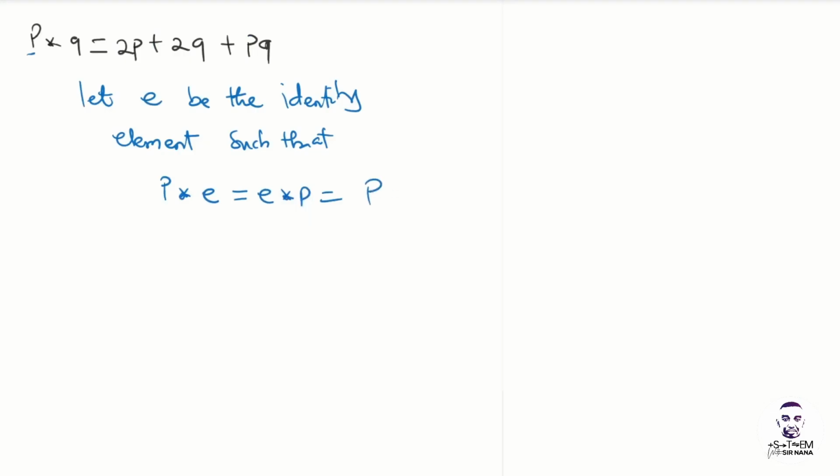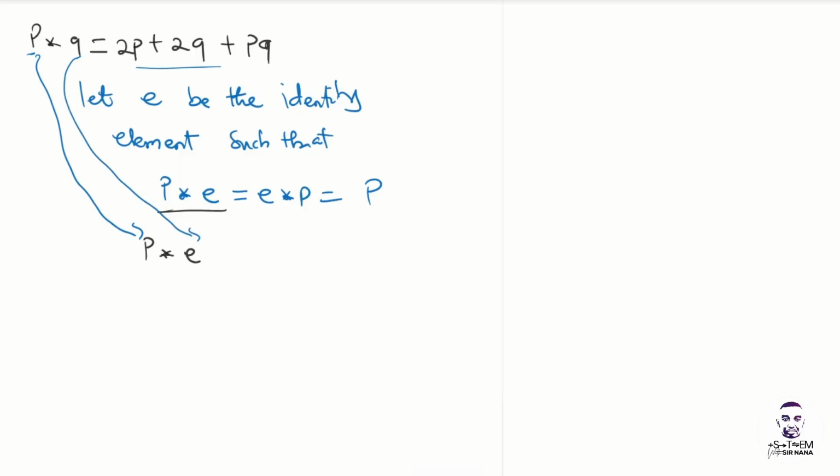Let's take any one of them. In this case, we take p operation e to find the identity element. What this implies is that wherever we have p, we replace it with p in the operation, and wherever we have q, we replace it with the identity element e.